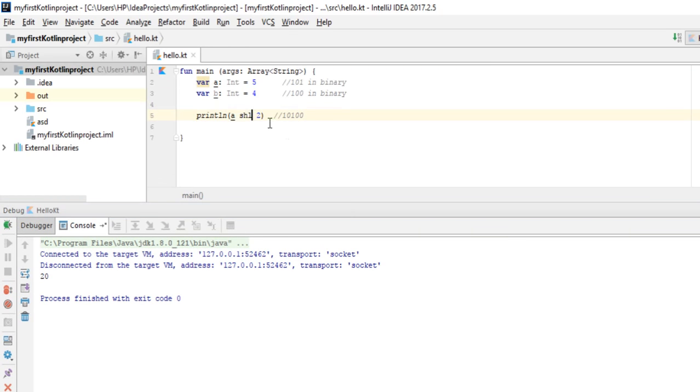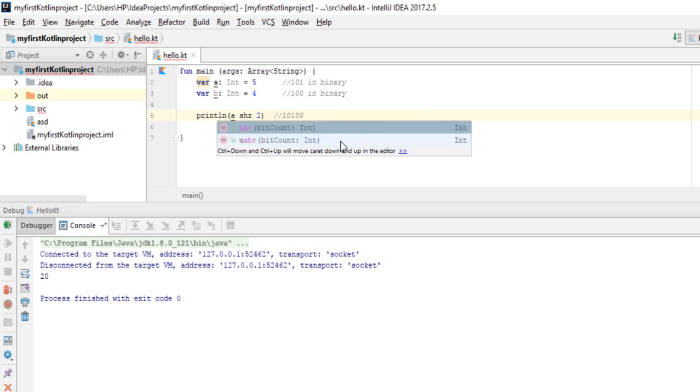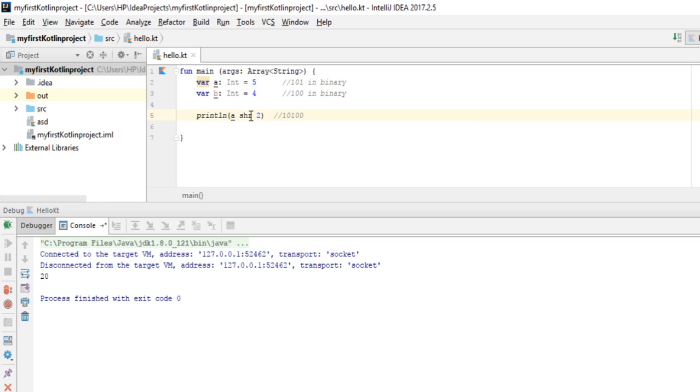Now we are going to use the right shift operator, and for the right shift operator you have to write shr. This will shift the bits to the right side by a specified number of times, and then it will add zeros to the left side. Like in the left shift we added zeros to the right side, but in this shift we will have zeros on the left side.